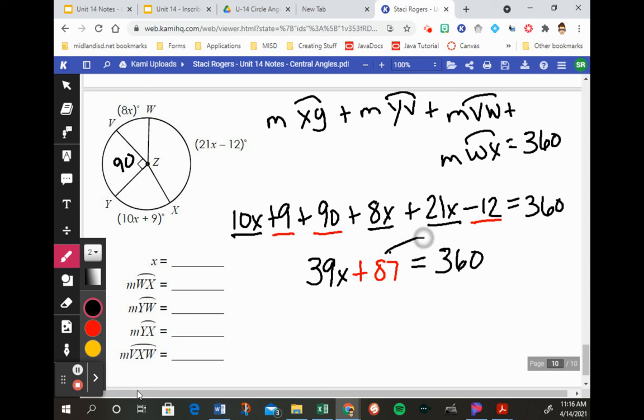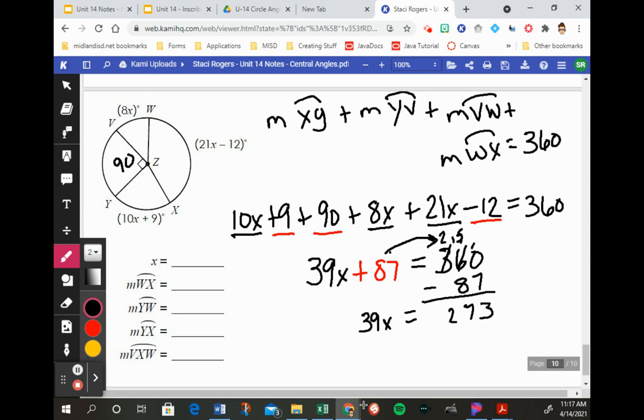So now I'm going to subtract 87 from both sides. That's 273 equal to 39x. I'm going to guess that it's going to be a 7.